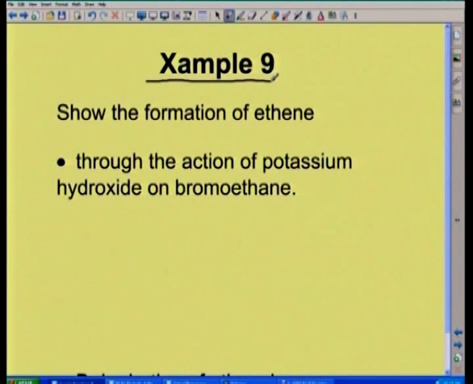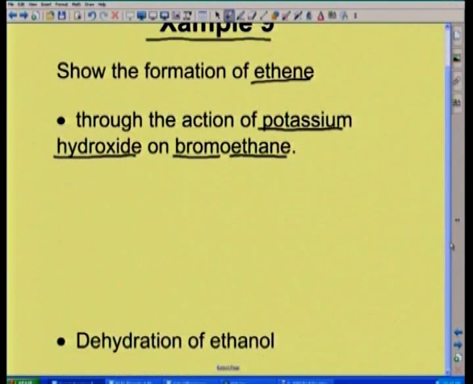Example 9. Show how the formation of ethene through the action of potassium hydroxide on bromoethane. Okay? Now, what do we have here? Bromoethane is a haloalkane.